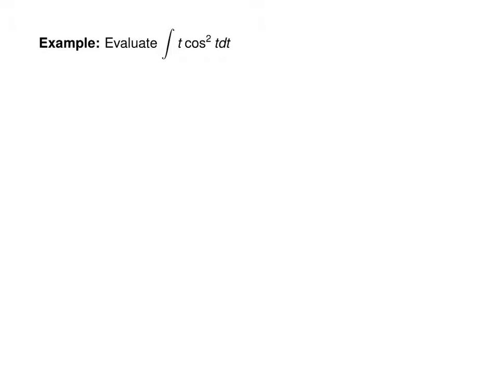So here's how you start. Start by taking this cosine squared t and using the half angle identity to change it. So we have the integral of t times a half times 1 plus cosine of 2t dt.